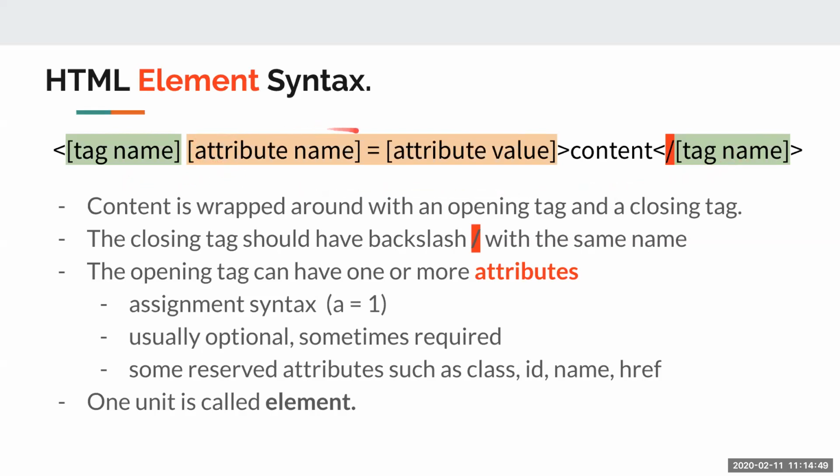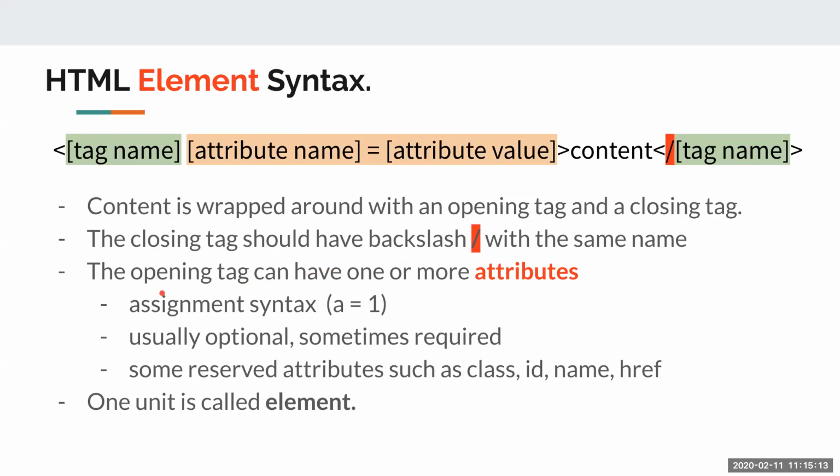Sometimes you have an attribute, and you assign the attribute a certain value, and this is the basic syntax. Between these tags, you have some sort of content. The content is wrapped with an opening tag and a closing tag. The closing tag should have a backslash with the same tag name.